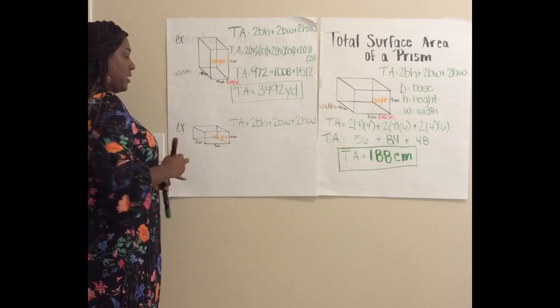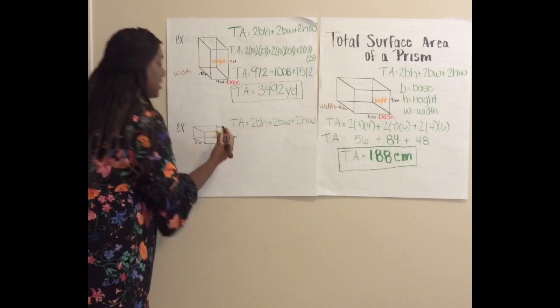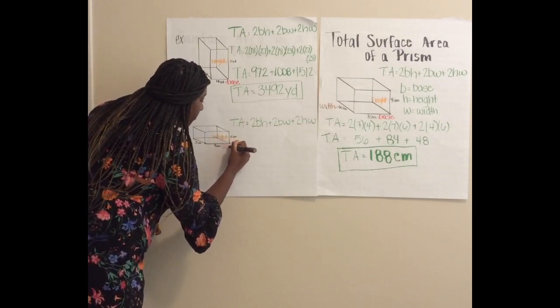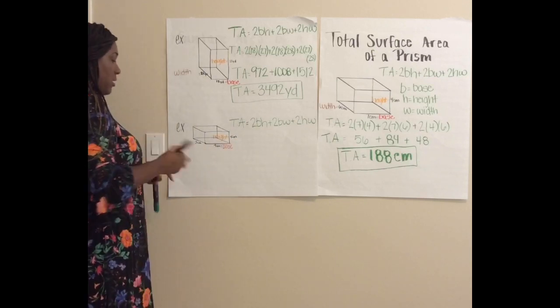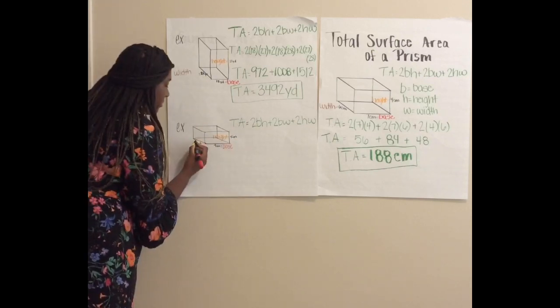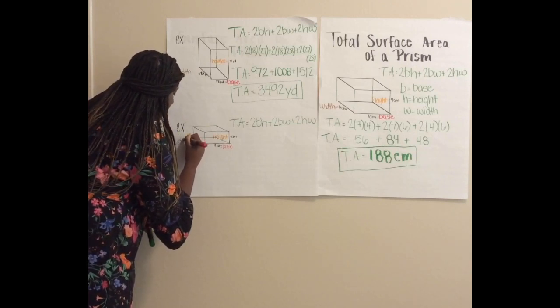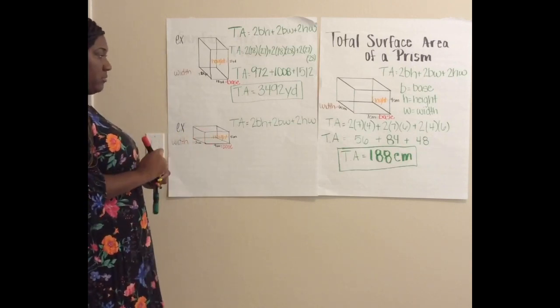This 9 is our what? It's at the bottom. Base. This 3 is our width. Okay?